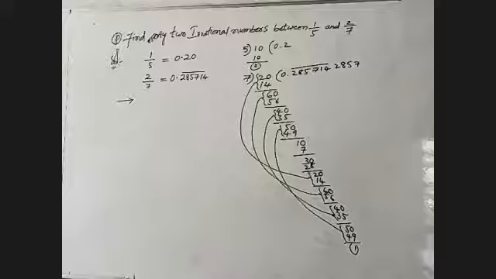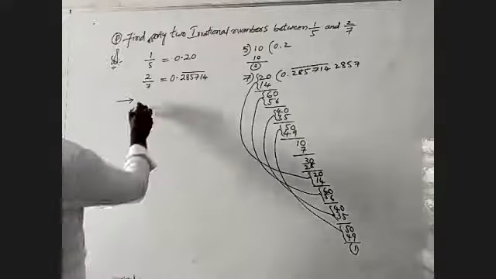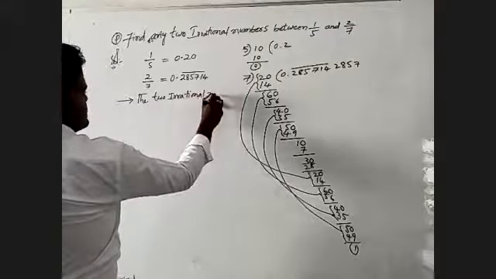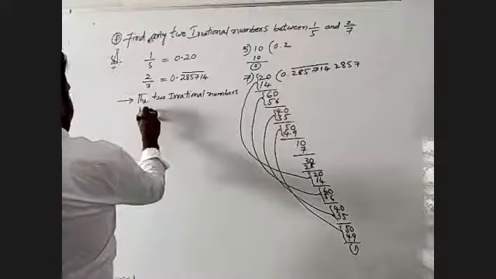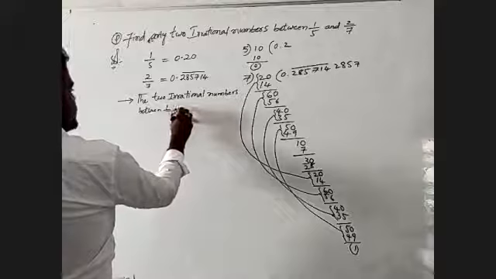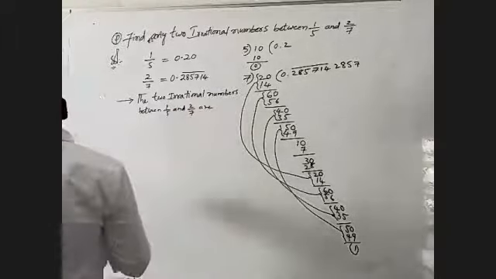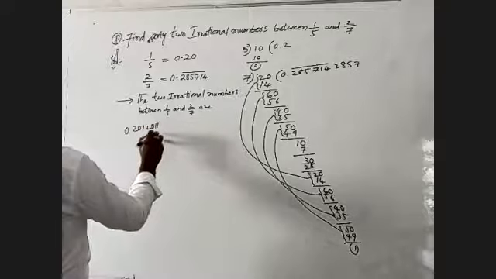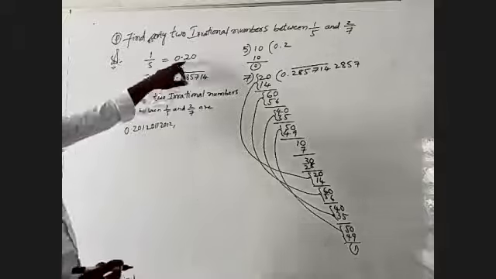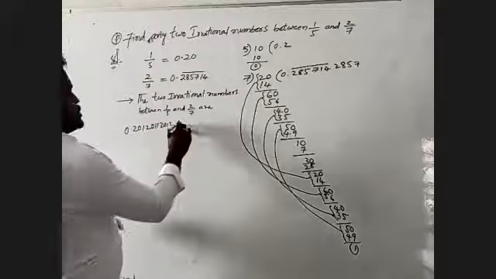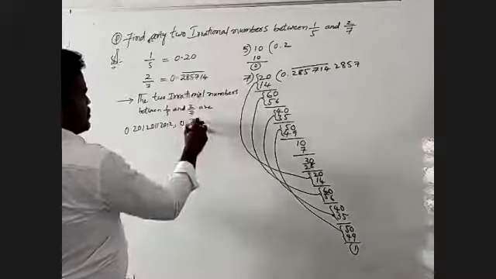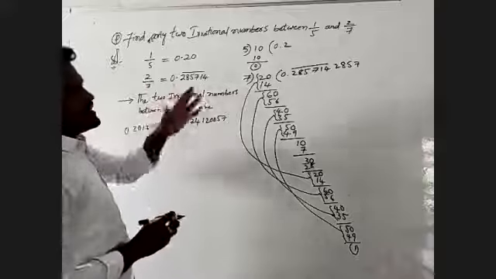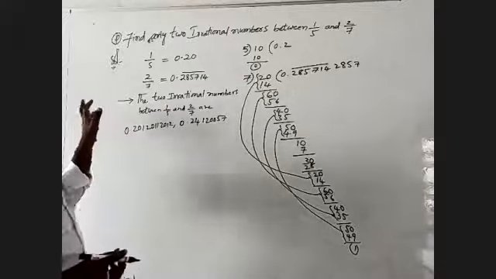The two irrational numbers between 1 by 5 and 2 by 7 are, for example, 0.2012011... and 0.20 followed by a non-repeating, non-terminating sequence of digits. The bar means repeating, and when repeated, infinitely many irrational numbers will occur.